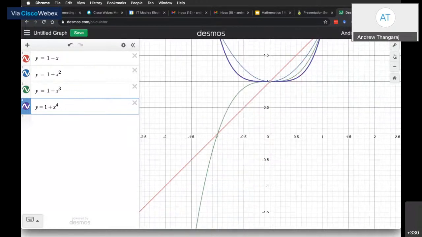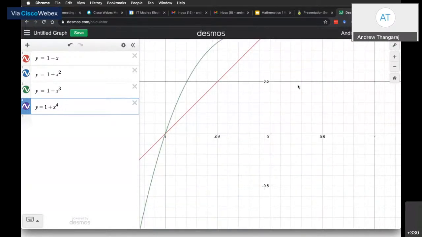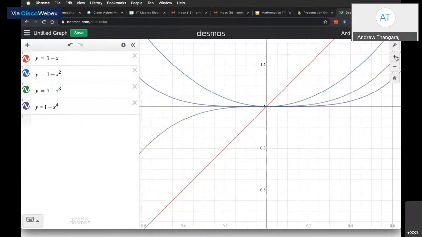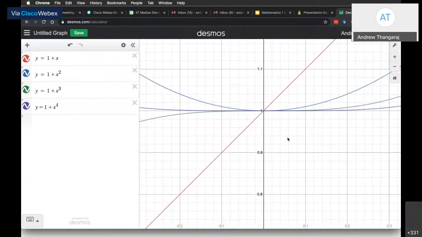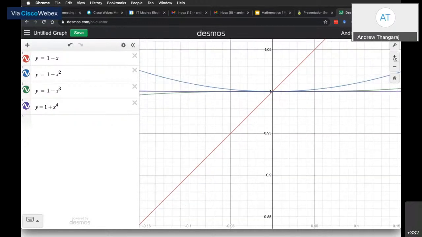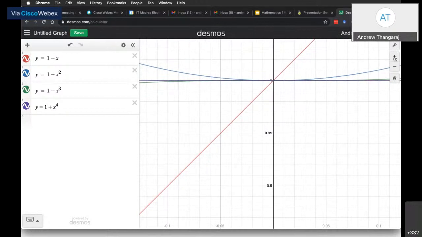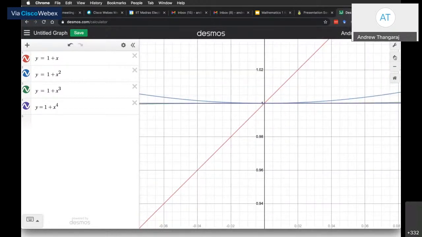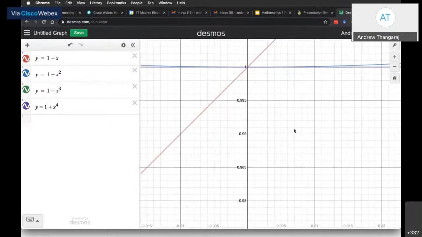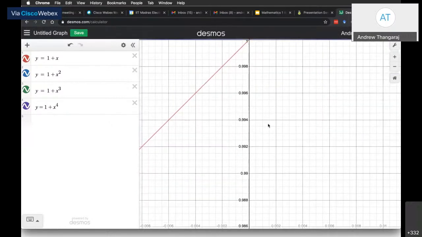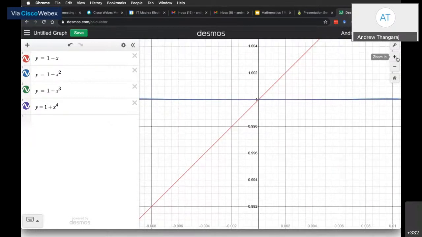So let me zoom in. When I zoom in, you can see it's not really flat in any place, right? It looks flattish, but if you keep zooming in, you'll see that at every x, it will do something different. I'll have to really zoom in for you to see these things. One needs to keep zooming quite a bit.